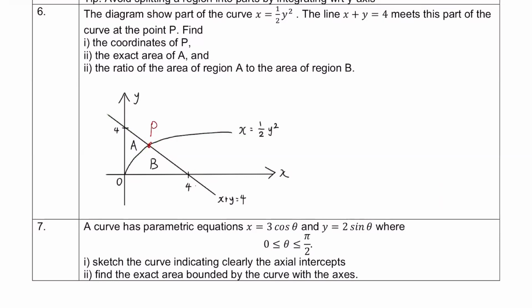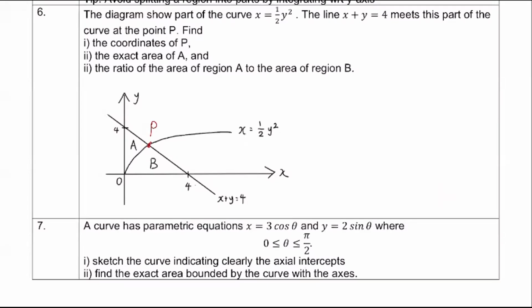How do you do that? Use the GC. Do I need to show? I don't need. Only, okay, then I'm just going to calculate it. Make sure your mode is in function mode, not parametric.